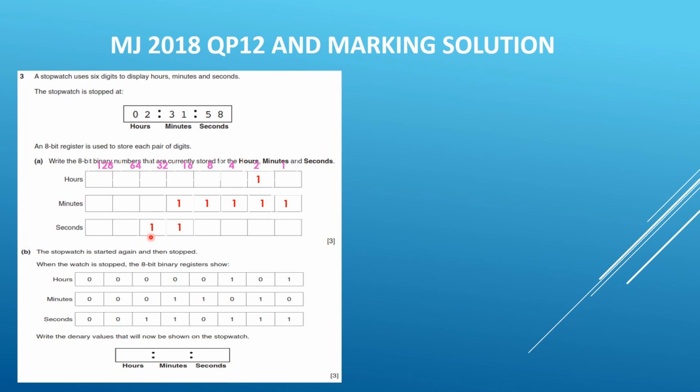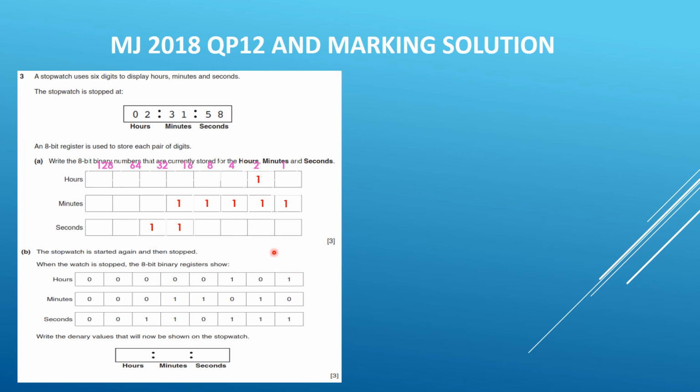Then the next one is 56 plus 2 gives me 58. So this is how you are going to put 1, and the rest of these positions will be filled with zeros. So this is how you are going to solve this question.